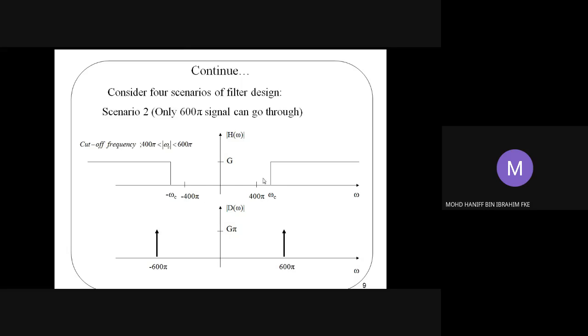Anything between these cutoff frequencies will be filtered out. So when we multiply the input C omega and H omega, we have the output D omega looking like this. It only permits the 600 pi impulses to pass through. This is your output of the filter for the second scenario.